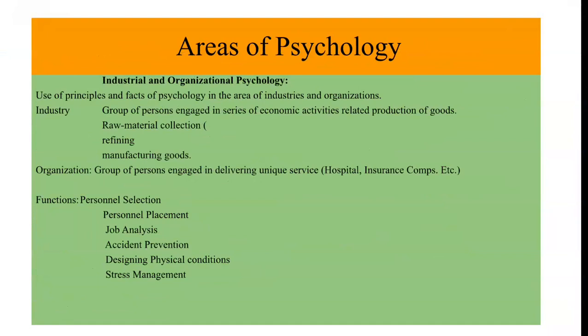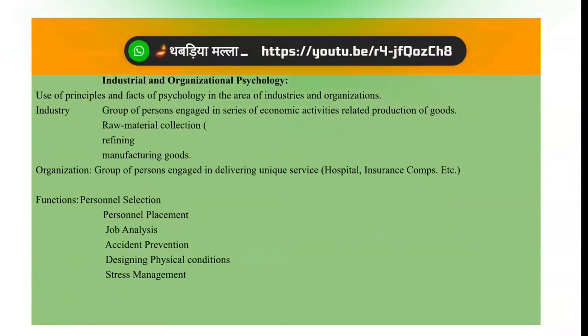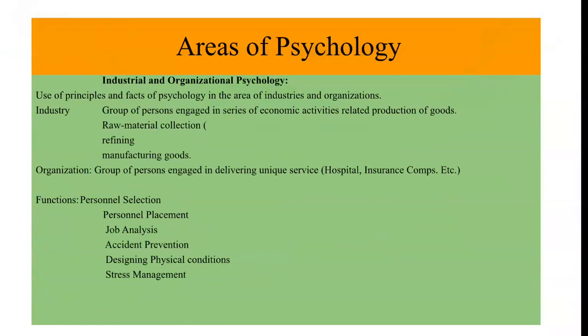Another area of psychology is industrial and organizational psychology. What does it mean? It means the use of principles and practices of modern psychology for the solution of the problems of industries and organizations. What is the difference between industry and organization? Industry means the group of persons engaged in a series of economic activities related to production of goods, including collection of raw material, refining of that product, and ultimately manufacturing the good.